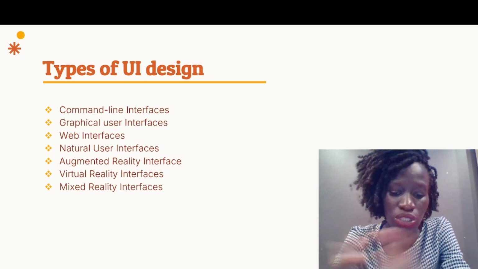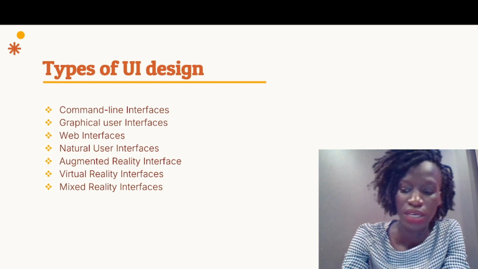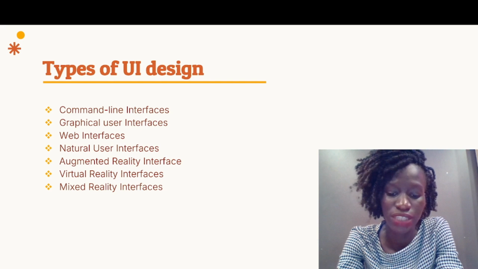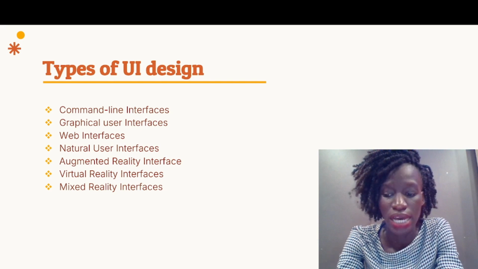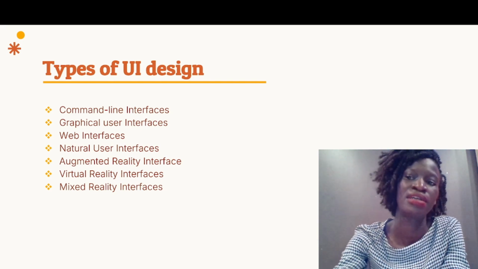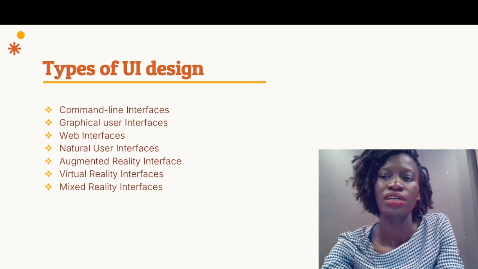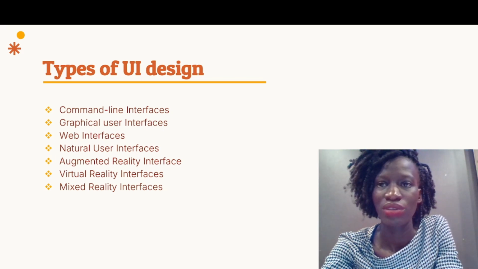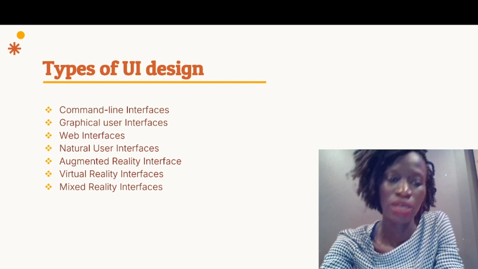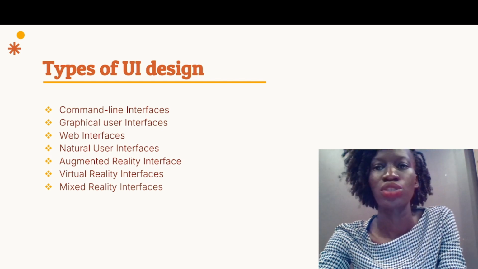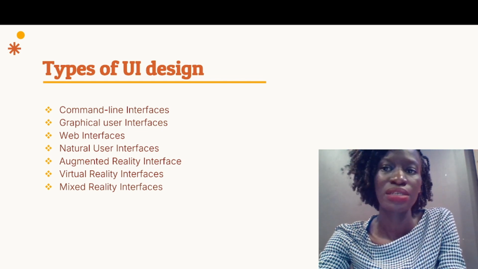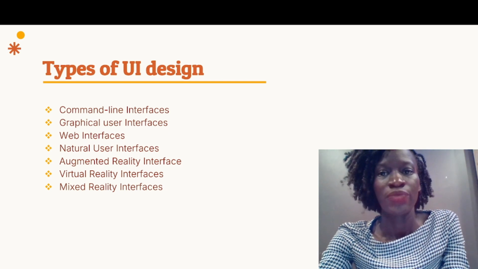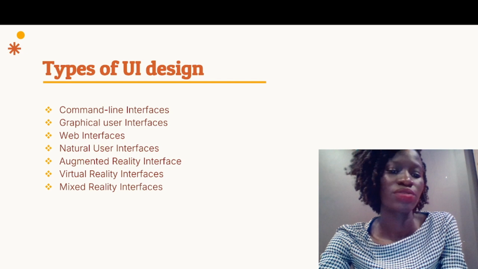Then we have graphical user interfaces. They allow a user to interact with electronic devices through graphical icons and visual indicators. Web interfaces also allow a user to interact with the web, with websites, but still using color scheme, typography, icons, buttons, menus that the people use to navigate the website.